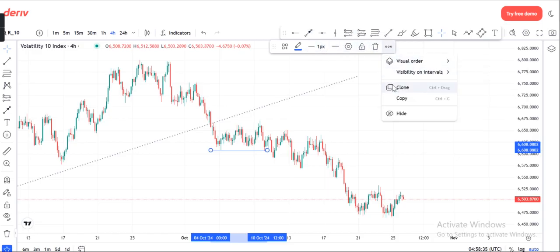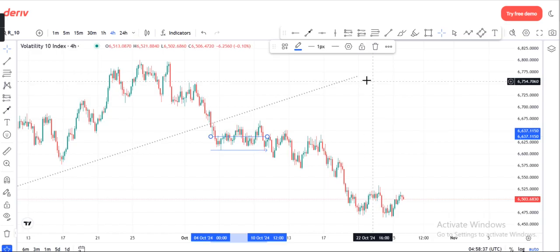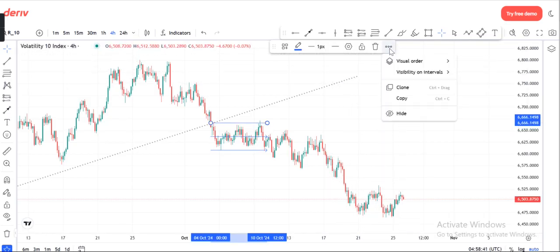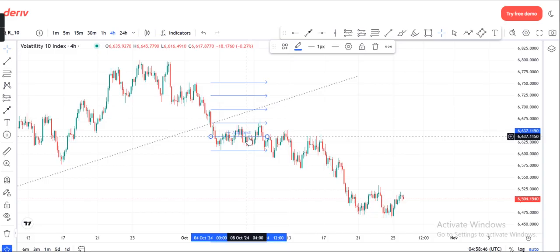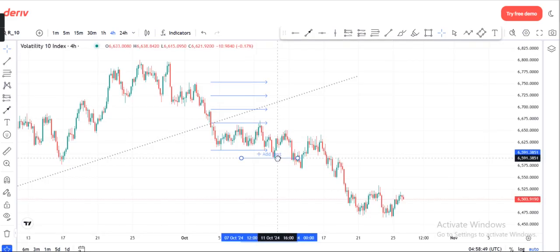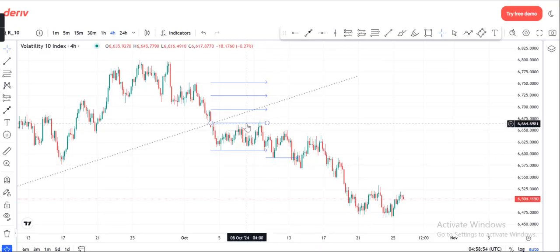So let me multiply this, so clone the break zone so that I don't get to peak. Now we've clearly seen that the market towards the downside was giving us break of structures. This was a clear break.